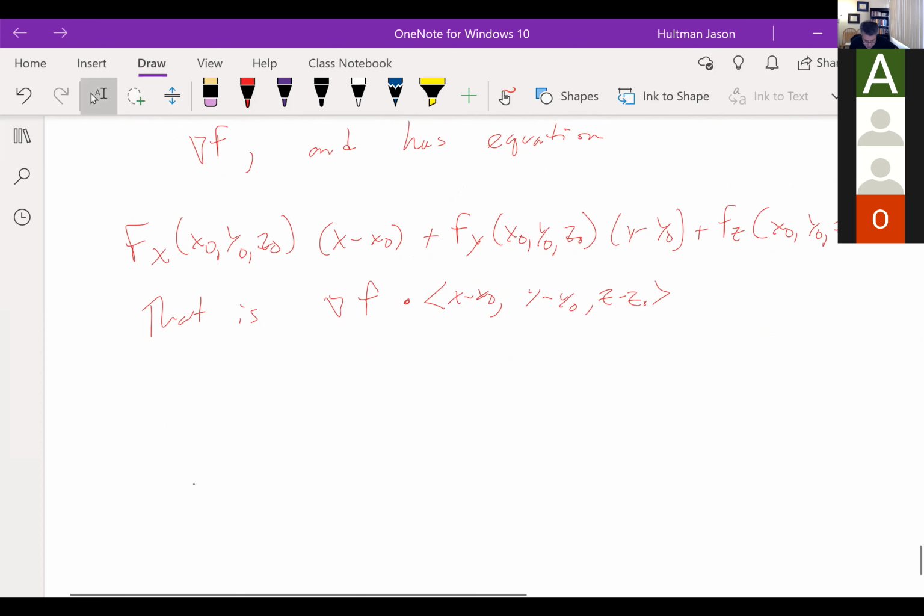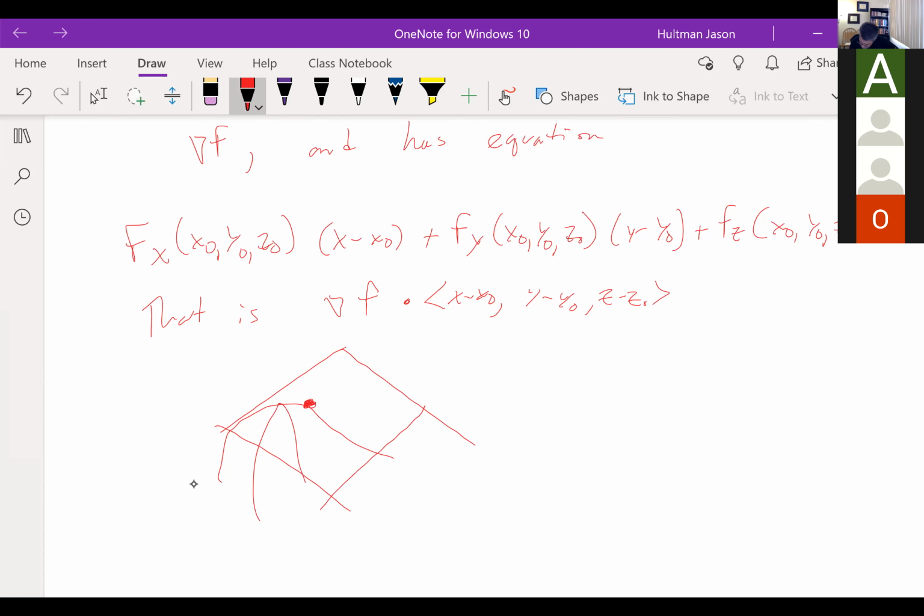Okay, so let me draw a little picture of this for us. We want a tangent plane. We have a point here, and this is the surface.